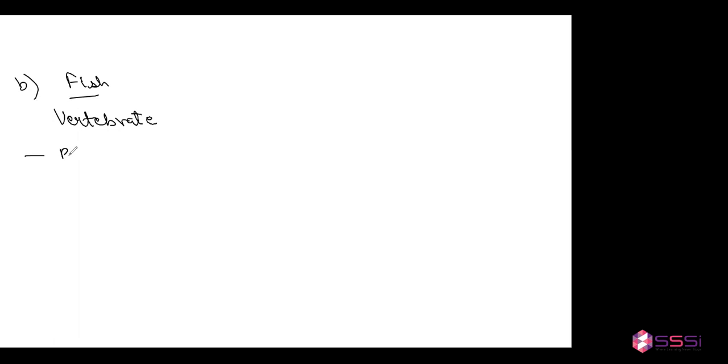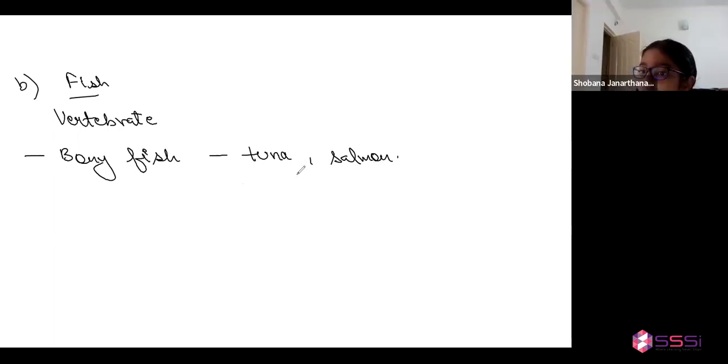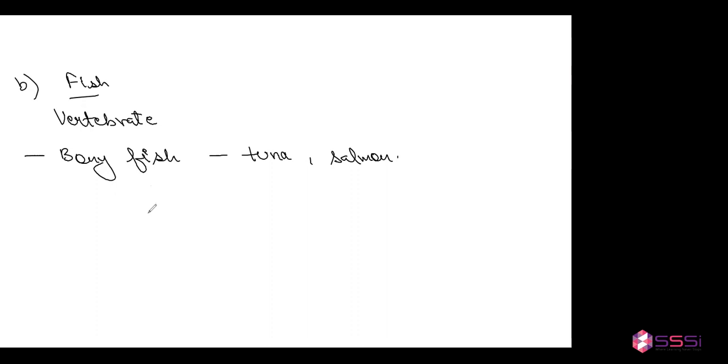One is bony fish, which includes such familiar species as tuna and salmon. Have you heard of tuna and salmon in restaurants? Yes. The second is cartilaginous fish.